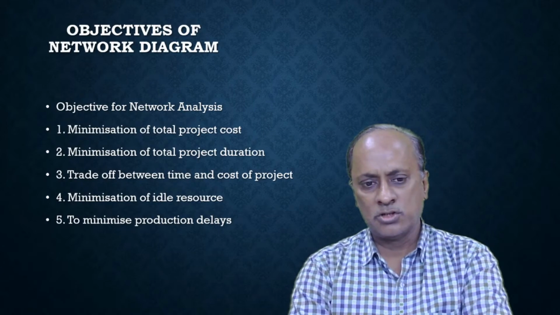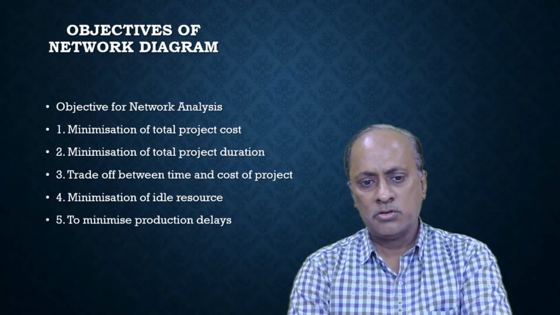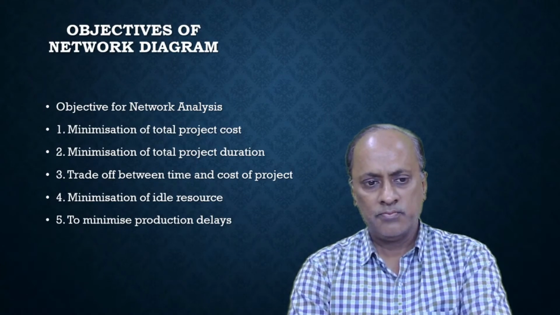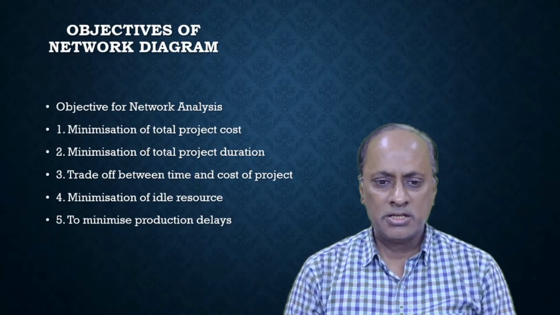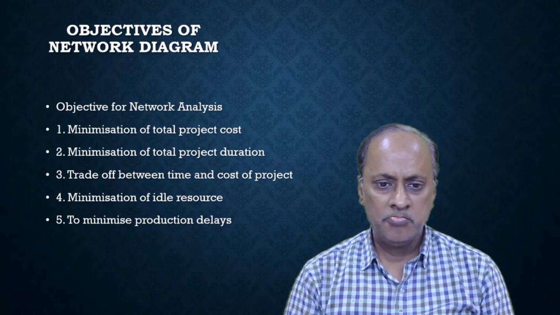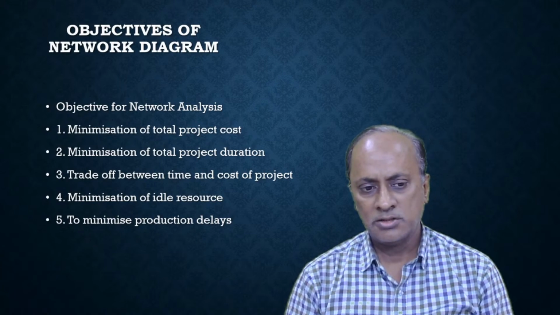Minimization of idle resources. That means resources are very important. Resources are paid, and if the resources do not do any work and sit idle, then they become unproductive. Then there will be a cost to the project, and we also need to minimize production delays.